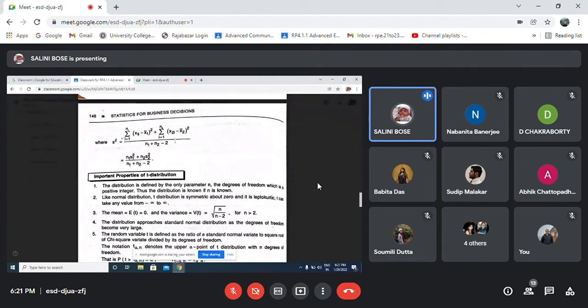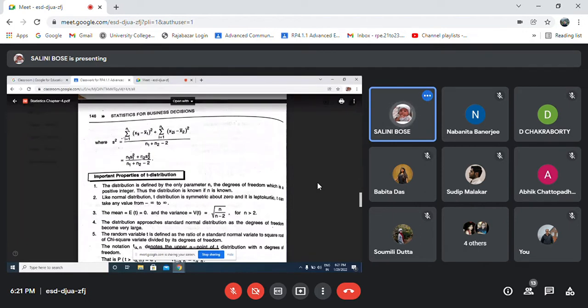And you can say this is nothing but the individual variances of these two samples. If this has 1 by n1 and this has 1 by n2, then this is nothing but s1 square and this is nothing but s2 square.